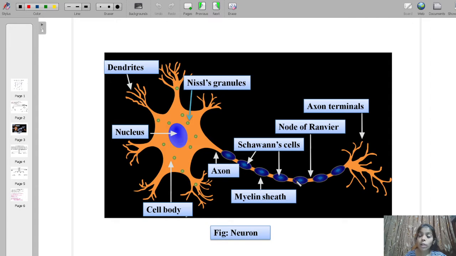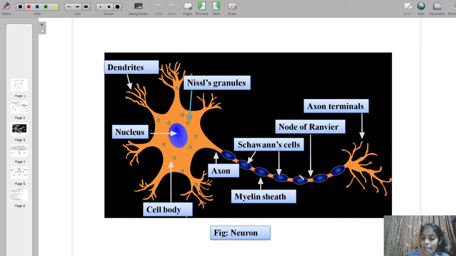Nerve impulse is not like a WhatsApp message that from cyton it will go to that axon terminal. No. It is basically exchange of sodium and potassium ions across the axonal membrane.